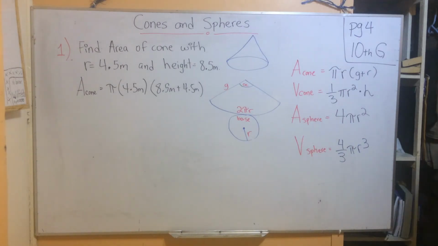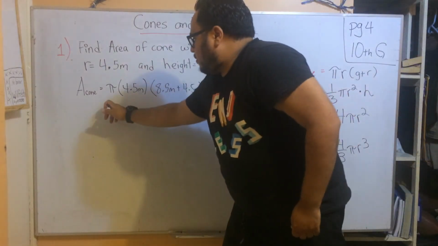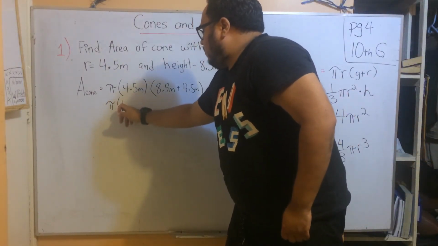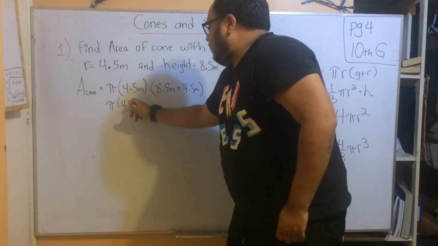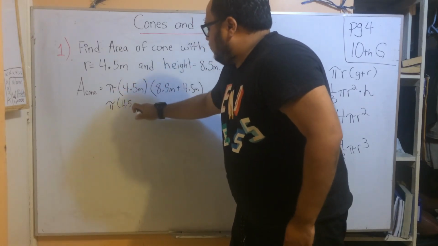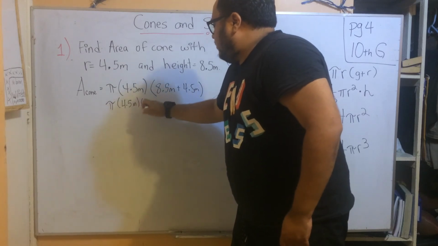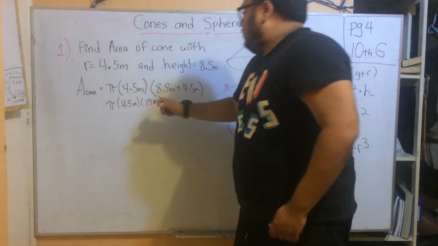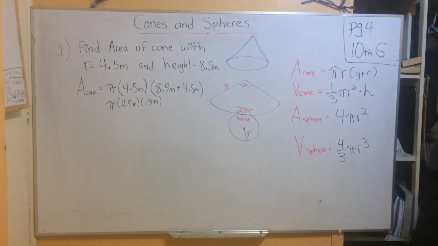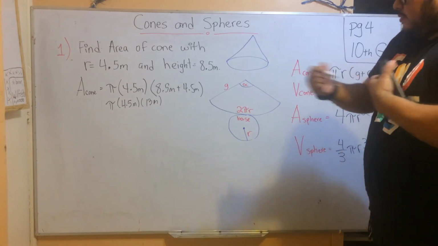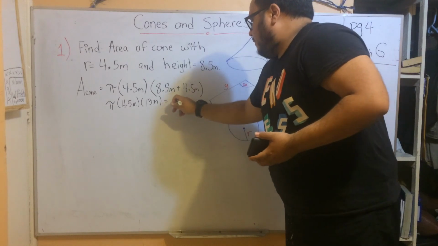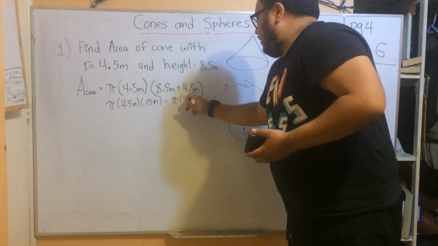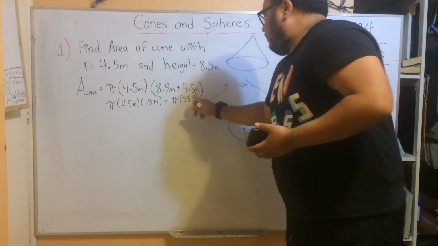Let's put the numbers. So we have pi times 4.5 meters times 13 meters. So we have 13 times 4.5, 58.5 times pi. Pi times 58.5.